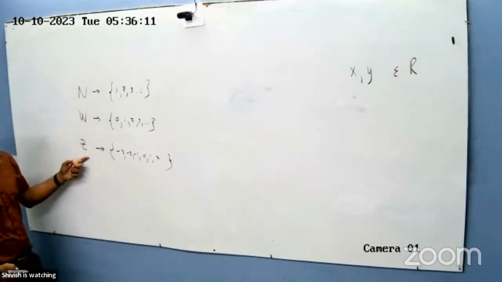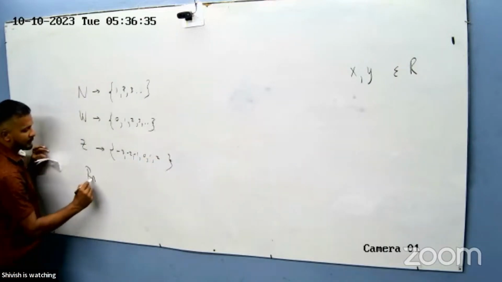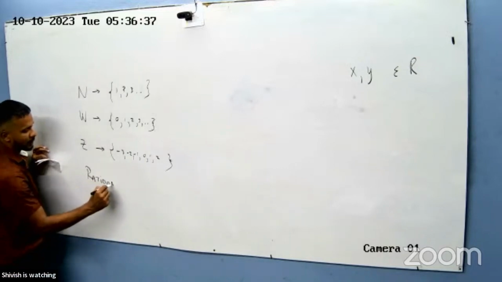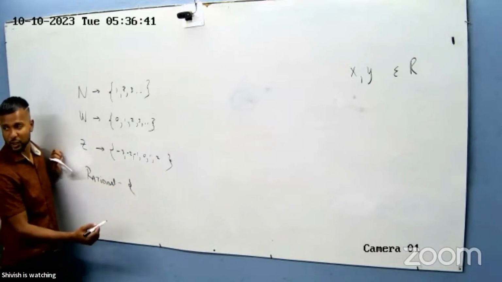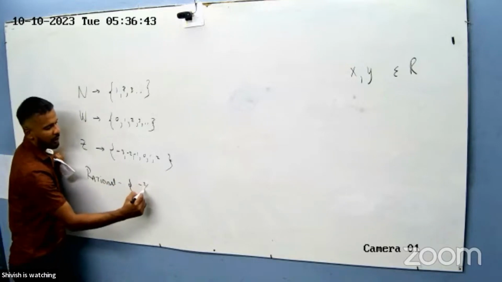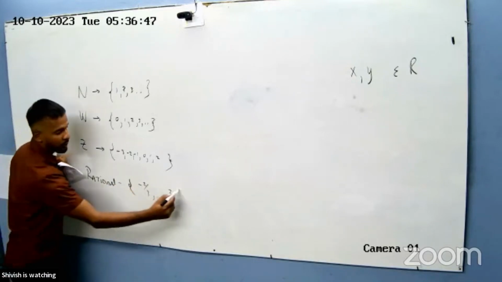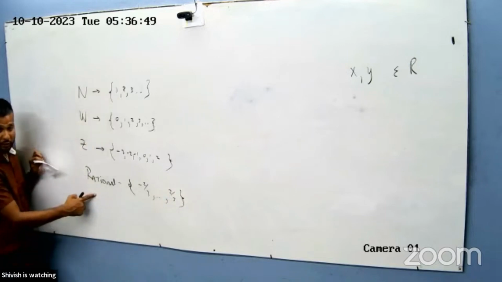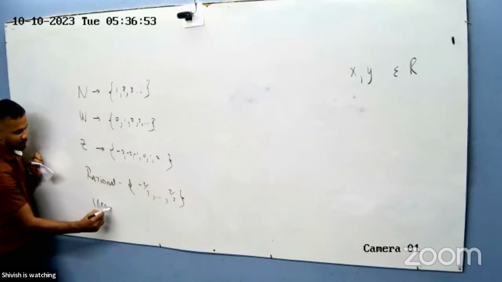After integers, now they had to include two sets of values. They had to include rational numbers, which are like fractions, for example, minus 2/3, positive 2/3, and so on. Then after rational, they had to include irrational.